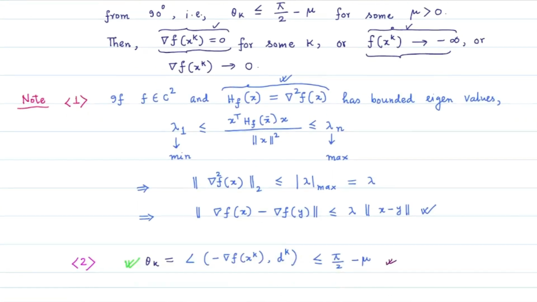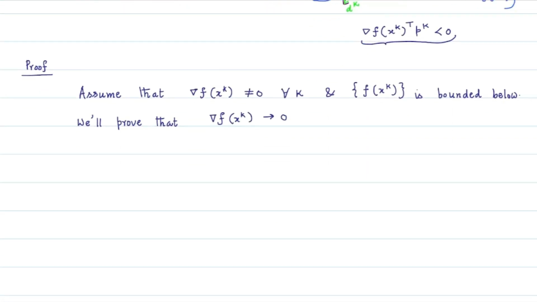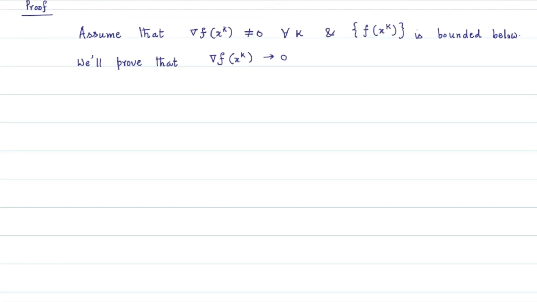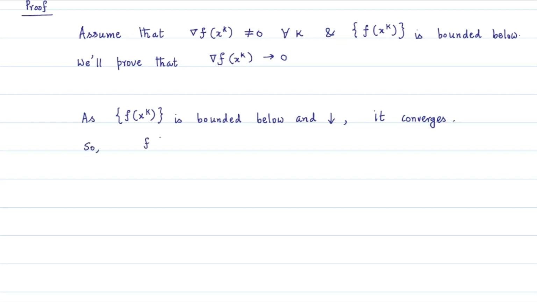As the sequence of real numbers f(xk) is bounded below and monotonically decreasing, the sequence converges, and once this sequence f(xk) is convergent, this sequence is a Cauchy sequence, and hence f(xk) minus f(xk+1) converges to 0 as k tends to infinity.